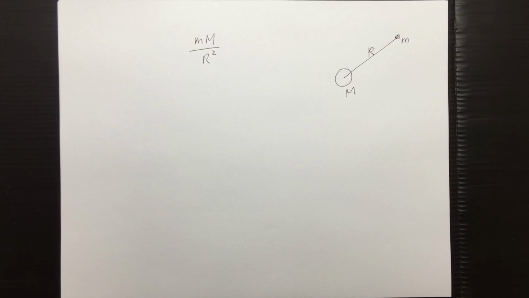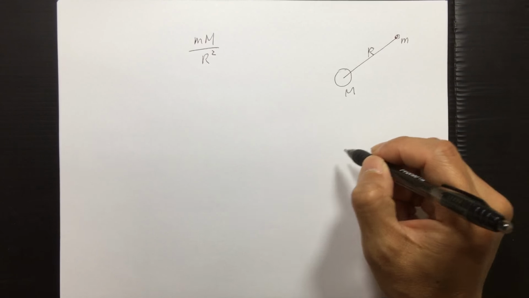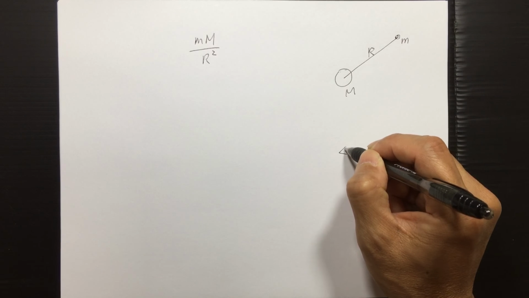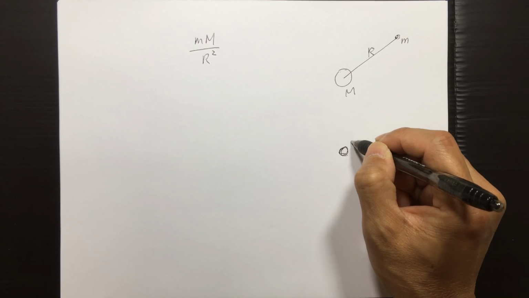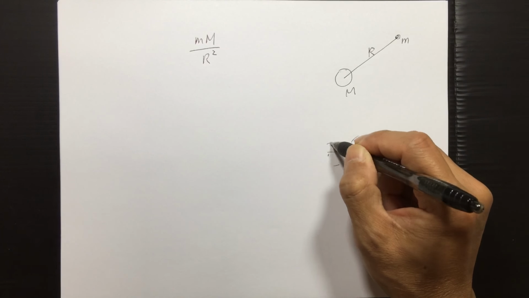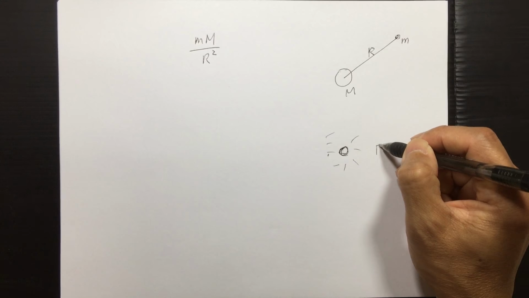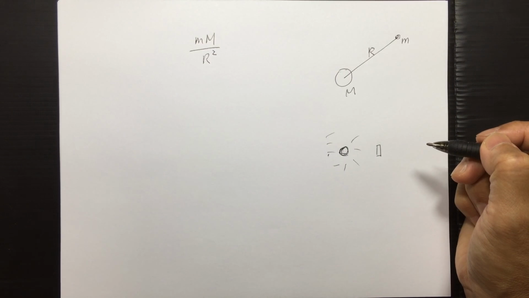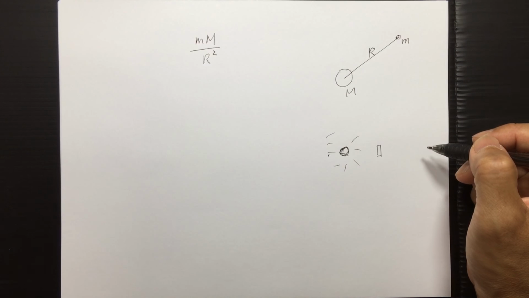That's understandable, right? Because for instance, if you have a light bulb, it gives out light in all directions. You have this paper here, and it gets a certain amount of light.